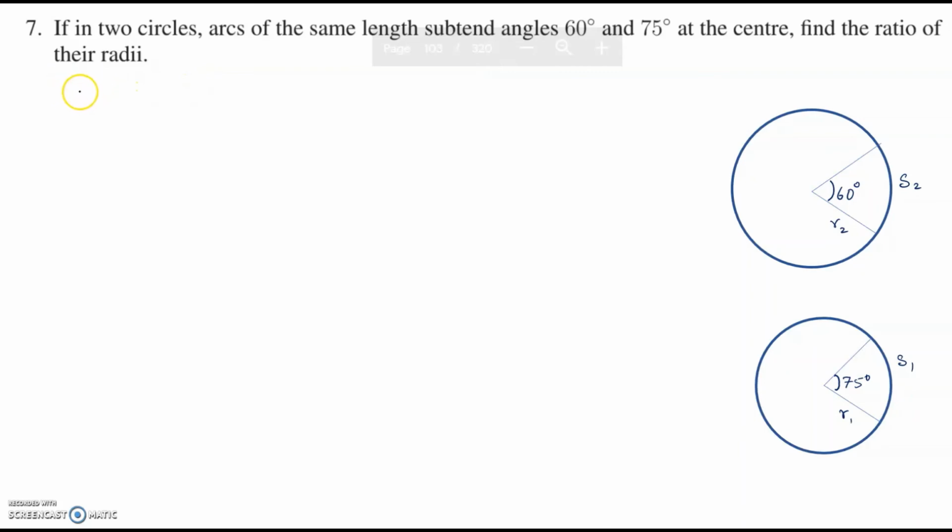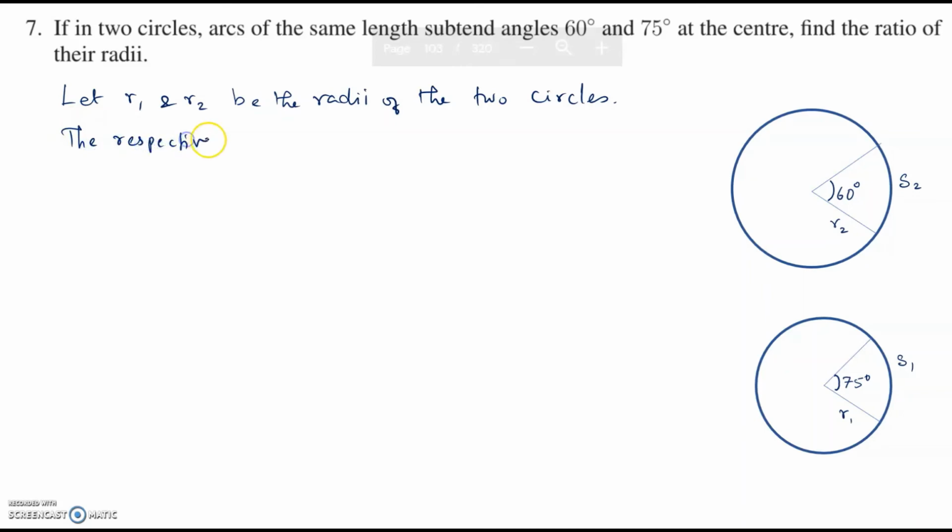So we know, so let's define first. Let R1 and R2 be the radii of the two circles, and the respective central angles are 75 degrees and 60 degrees.